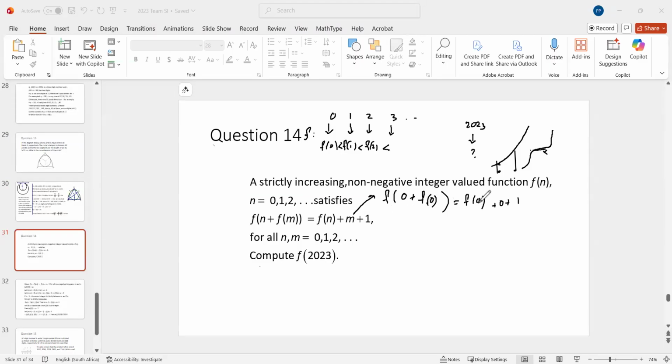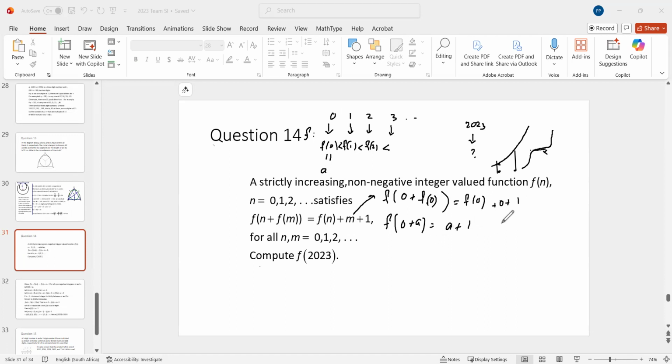You notice f(0) occurs twice here. So let's give a name to f(0). Let's call it a. So what is the meaning of this? The left side is f(0 plus a), and the right side is a plus 0 plus 1, which is a plus 1.